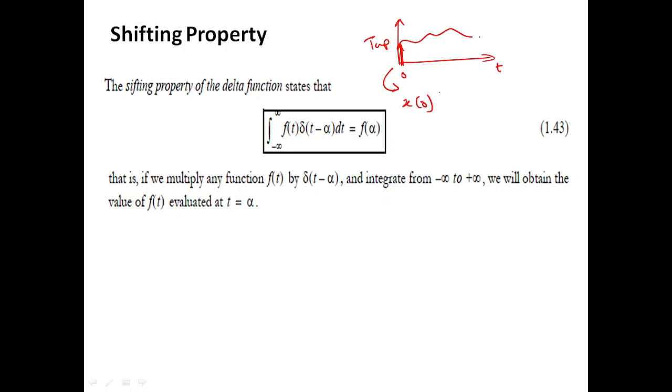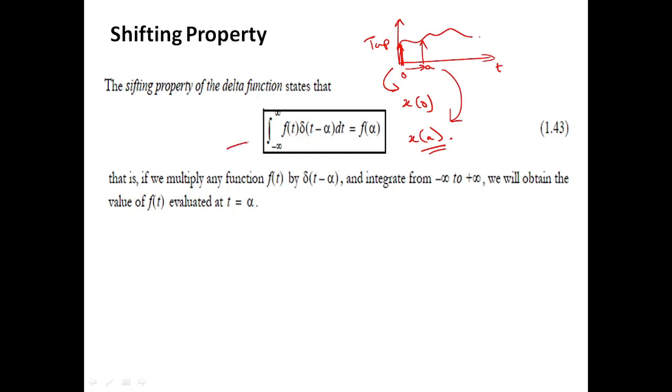Now suppose I shift it to any other place, say at time equals a. Then when I have shifted the impulse function to time equal to a, we will get the value x of a at that location.